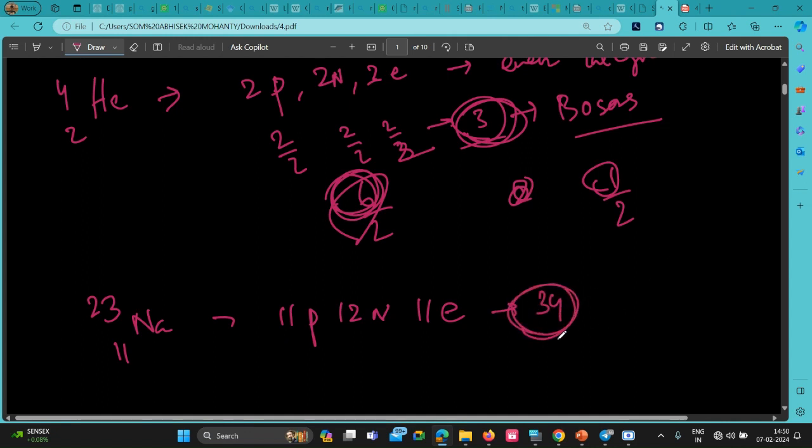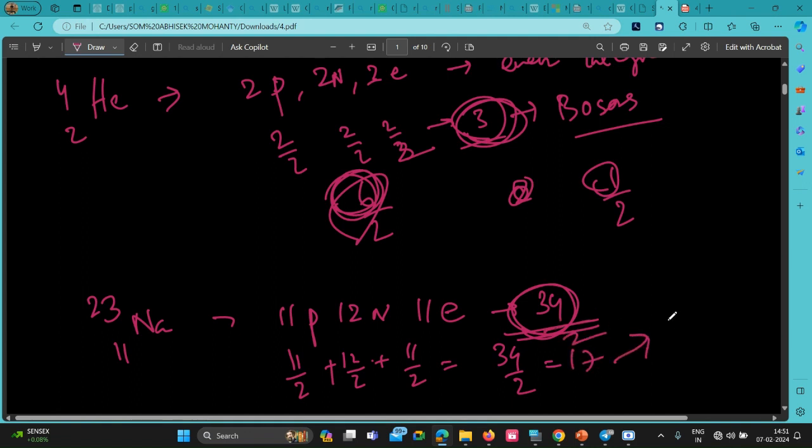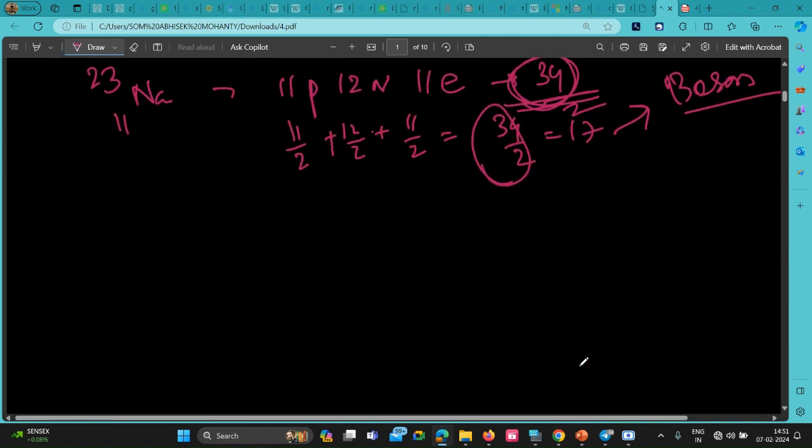It's giving me 11 by 2, 12 by 2 plus 11 by 2. So this is 34 by 2, that is 17. So this one is also a boson.